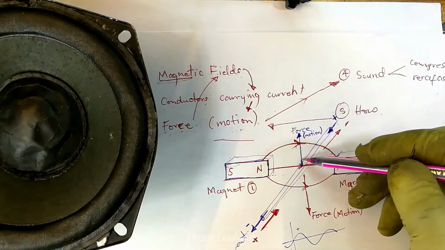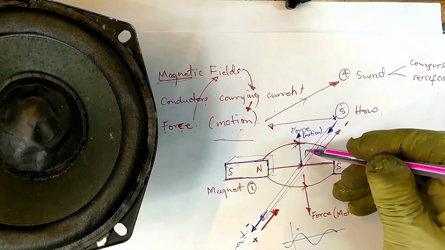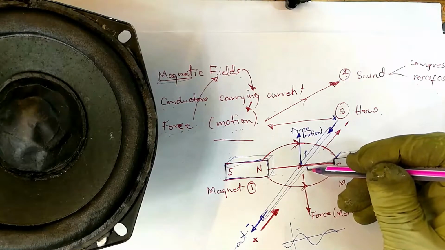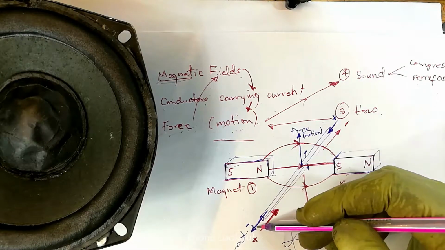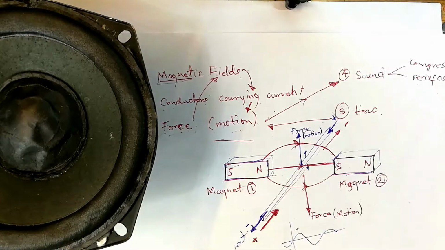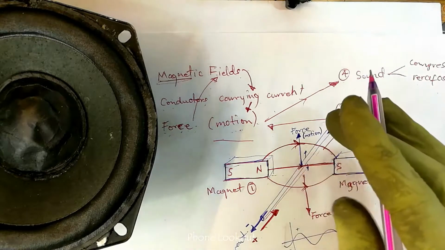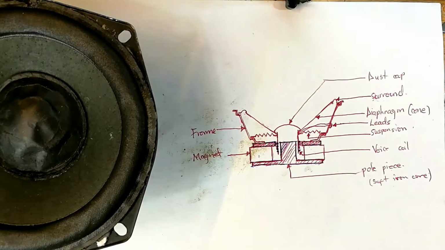So we can cause this conductor to keep vibrating up and down by simply changing the direction of the current from this to that repeatedly. And that's the motion that we want to capture and convert to sound.